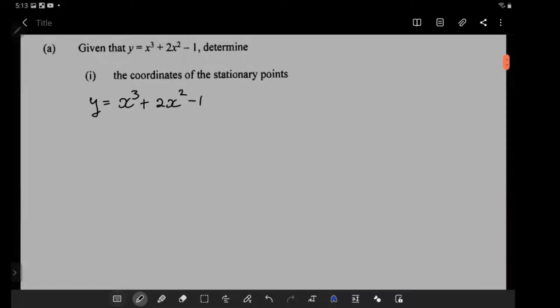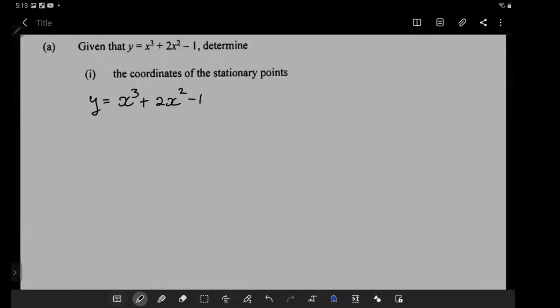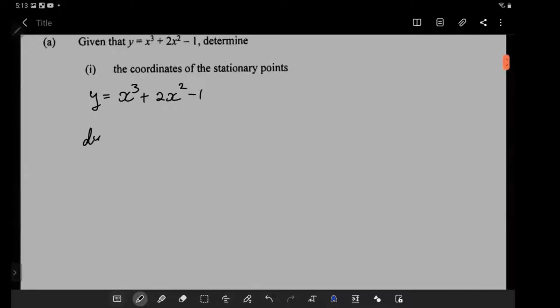If we differentiate it, so take the first derivative, we get dy dx is equal to, we use the standard power rule for derivatives: bring the power out in front, or multiply the power by the number in front, and subtract 1 from the power. So 3 by 1 is 3, so we get 3x, and if we subtract 1 from 3, we get 2.